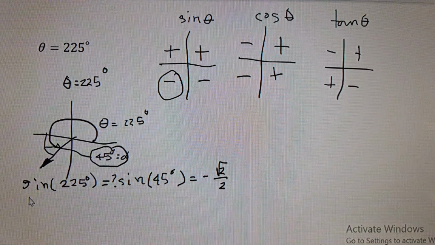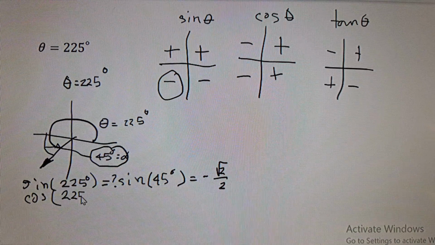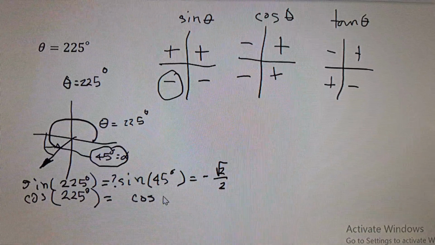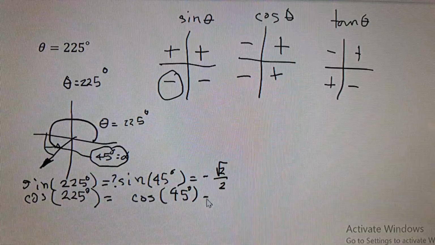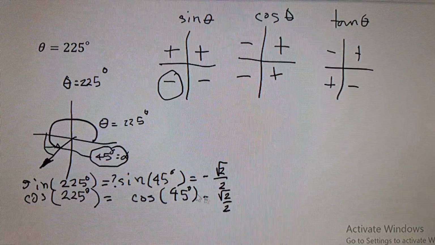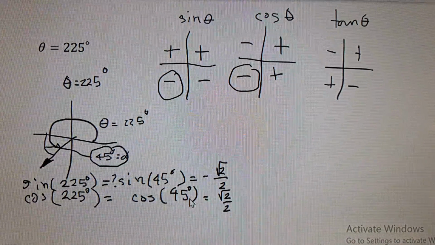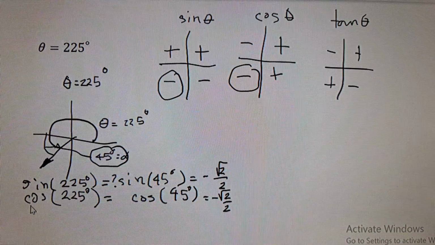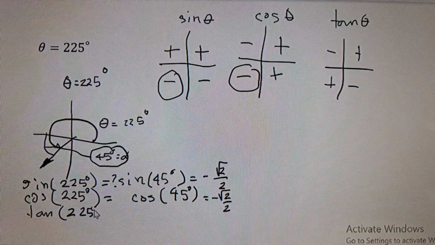What about the cosine of 225 degrees? It's going to be equal to the cosine of 45 degrees. It's going to be equal to square root of 2 over 2. We are in the third quadrant, and the cosine is negative at that point, so it's also negative. What about the tangent of 225 degrees?